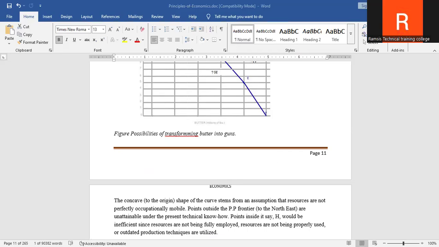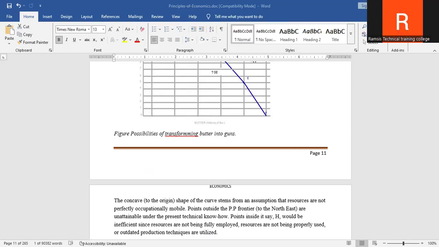At this point, you should know that positive economics is factual and testable. For example, rising prices reduce consumption. Normative is opinion-based or value judgment. For example, the government should control prices. The scientific method is a step-by-step approach to analysis: you do the observation, test the hypothesis, and then make conclusions.